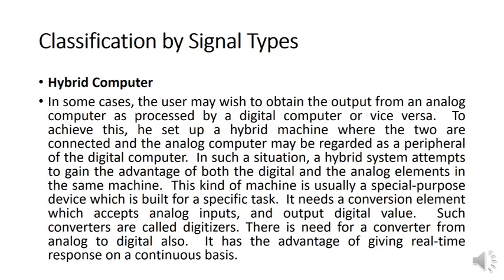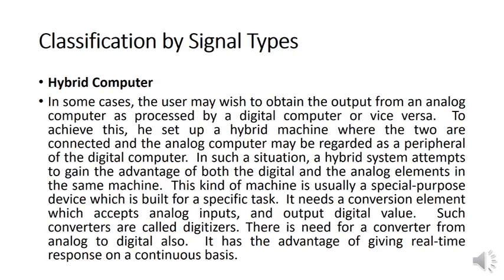So that takes us to hybrid. Even the word hybrid has already described what it actually is, because we all know that when we say hybrid, it's a combination of two items or two objects, meaning a combination of both analog and what? And digital computer.